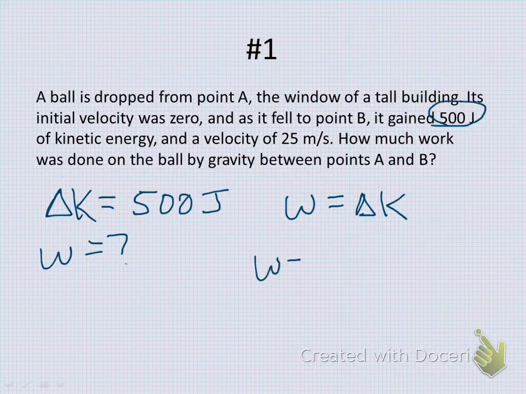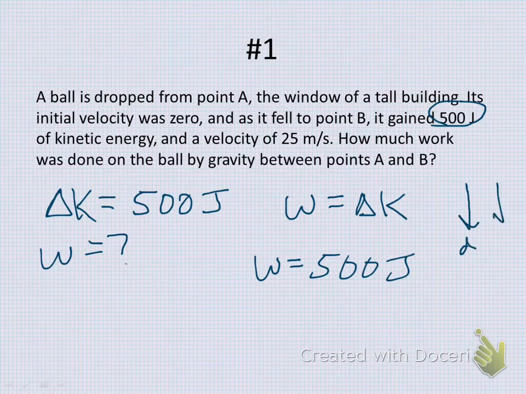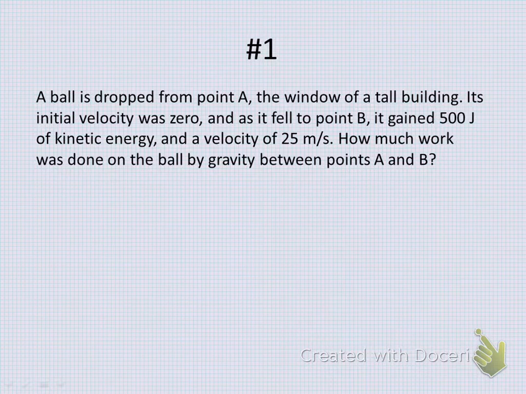The work is going to be equal to the 500 joules. And the work would be positive because the ball is going down, so our displacement is down, and our force, because of gravity, is down as well. Moving on to number two.